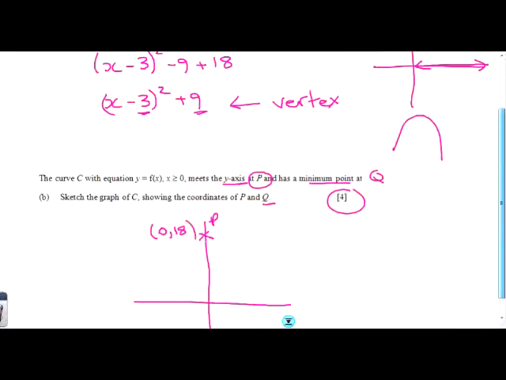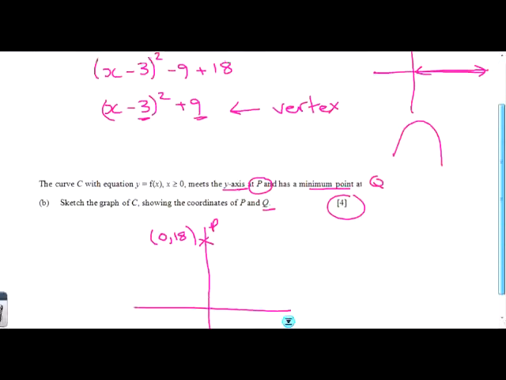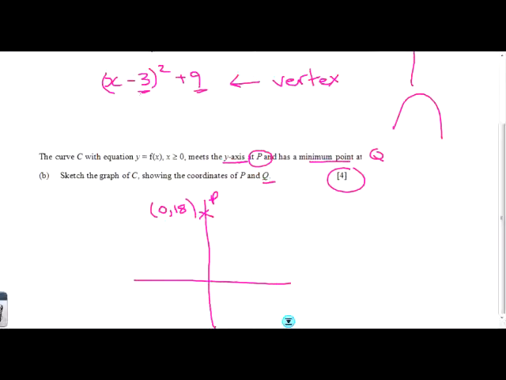Now, to sketch this, if you do your discriminant, actually you don't even need to do that because we know this is the lowest point. So the lowest point is going to be 3, 9. And 3, 9 is going to be roughly there.